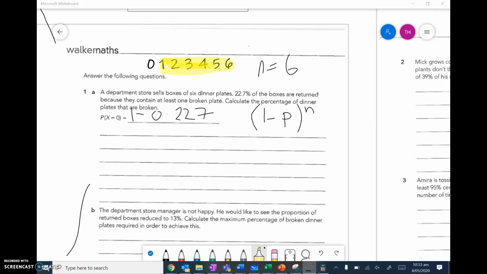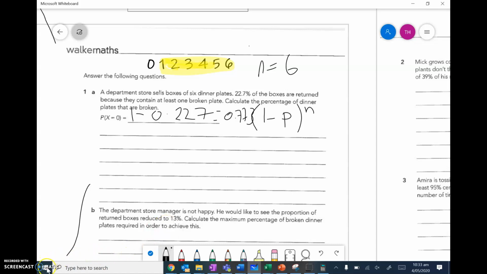So they've given me the probability of 1, 2, 3, 4, 5, 6, at least 1. All the numbers together, the probability would be 100%. Since I just want 0, it's 1 minus what I do know, and I get 0.773. Okay, so now I need to use my formula.